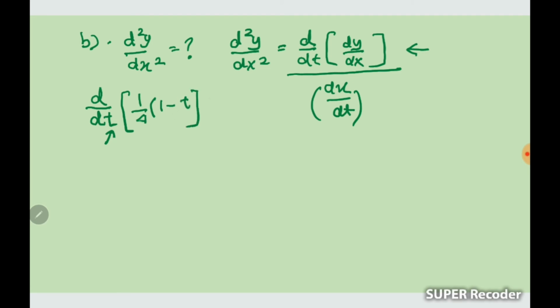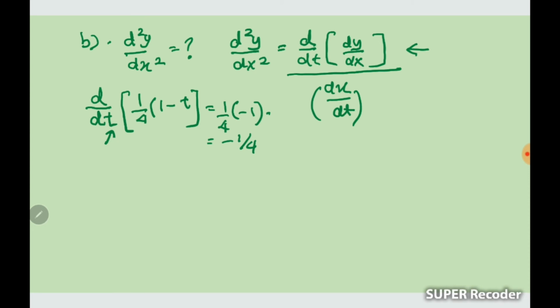Differentiate 1 over 4 times 1 minus t with respect to t. The answer is 1 over 4, then differentiate 1 minus t, the answer is negative 1. So the answer is negative 1 over 4.